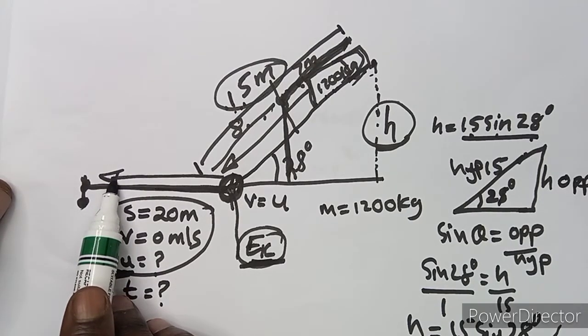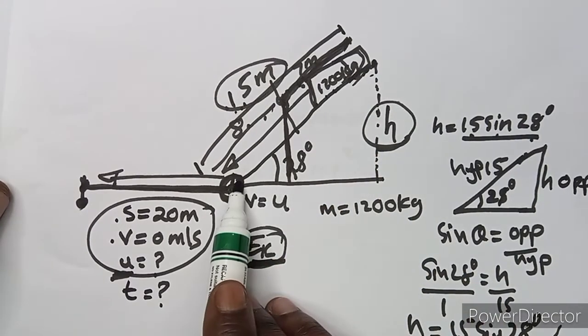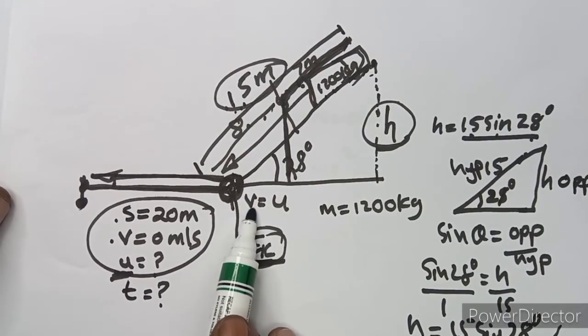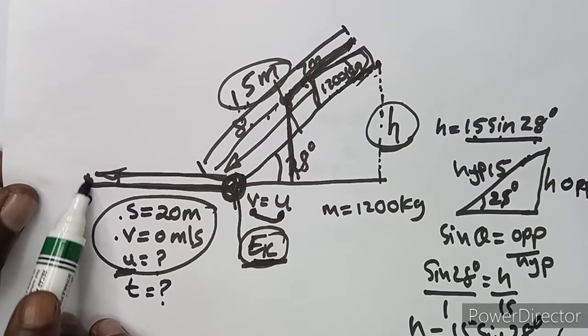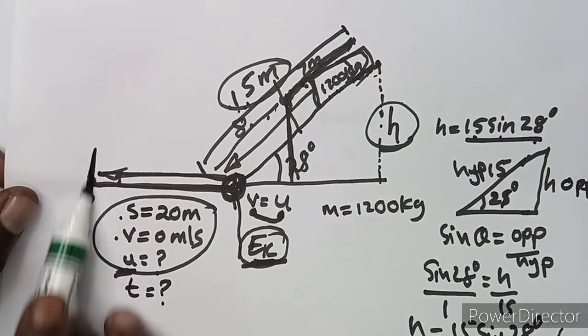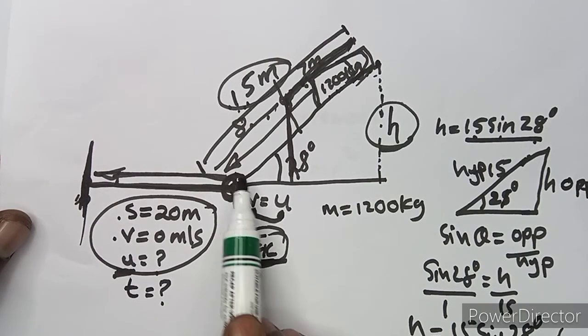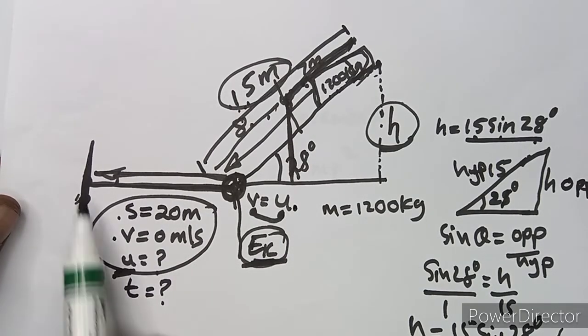Take note. Yes, it was your final velocity when it was moving down the incline, but once it's moving on the horizontal part, this final velocity becomes your initial velocity, because already we are given that it finally comes to rest. So that's your final velocity there. So the final velocity from the incline becomes your initial velocity on the straight line. That's how you take this.